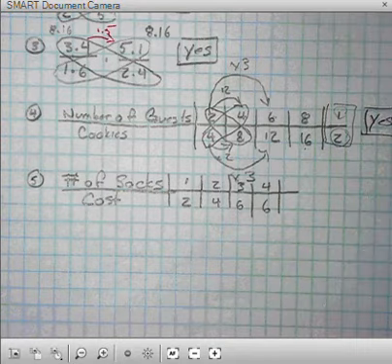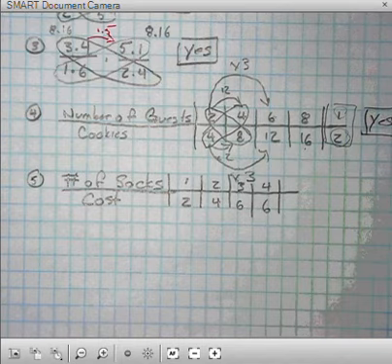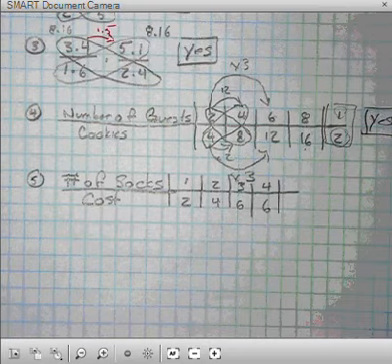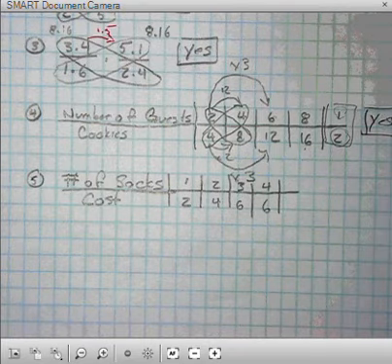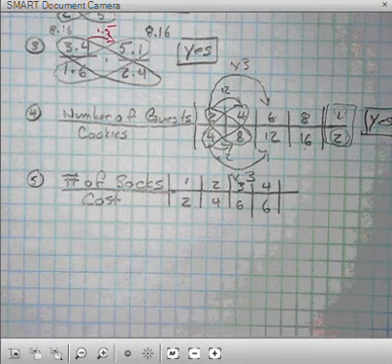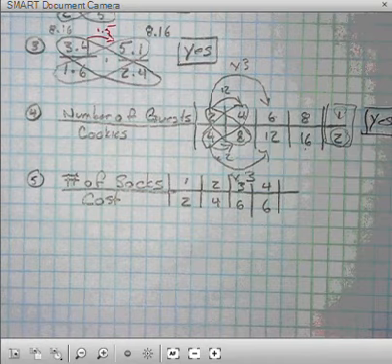Is that set of numbers proportional? Natalia, why? I see.